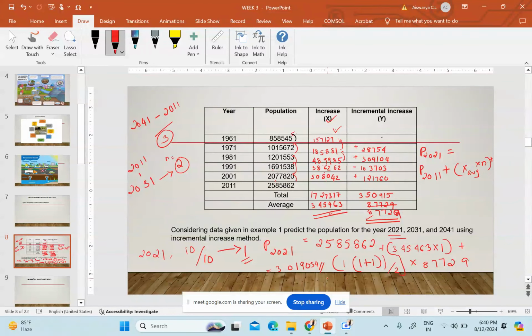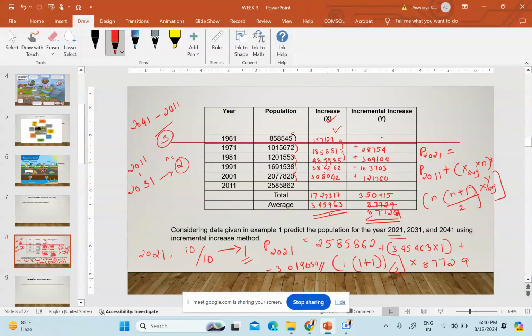Then plus n into number of decades plus 1, divided by 2, into your y average value. This is the formula. Got it? Should I repeat?